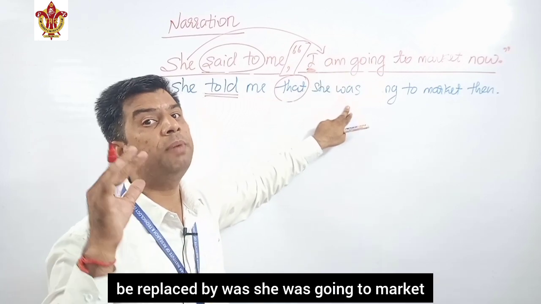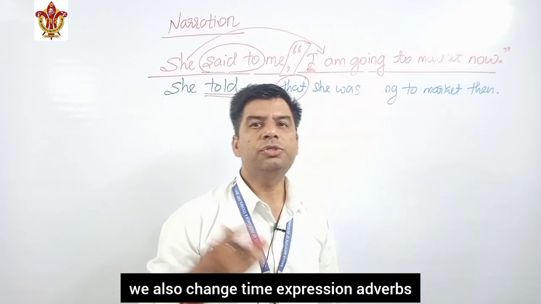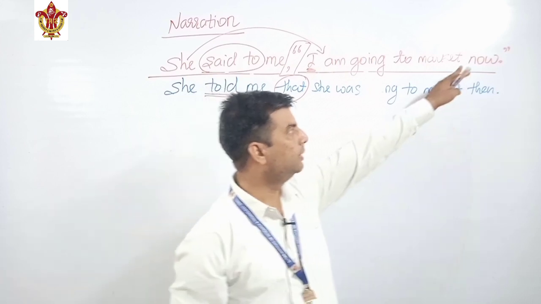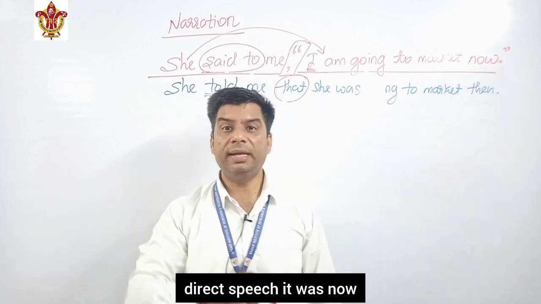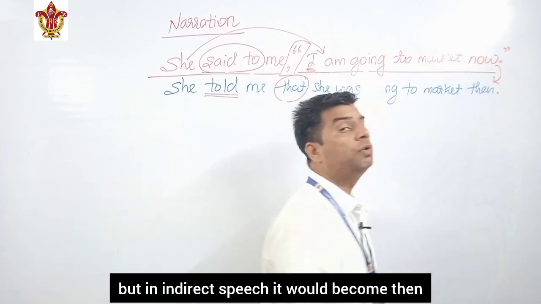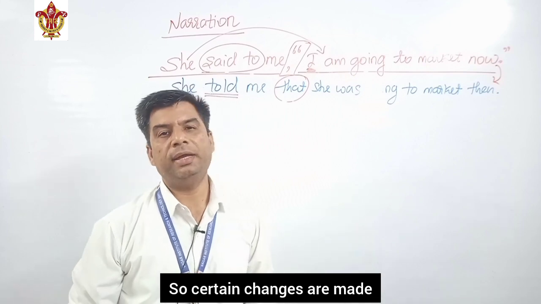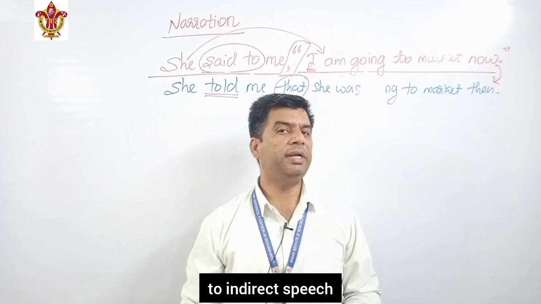Am would be replaced by was. She was going to market. We also change time expression adverbs. In direct speech it was now, but in indirect speech, it would become then. So certain changes are made when we convert a sentence from direct speech to indirect speech.